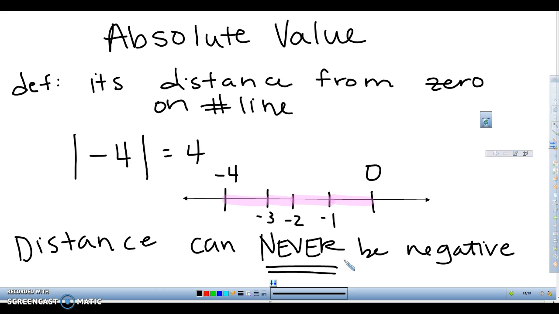But that's not how distance works. He ends up adding just as many miles back on the car. So, learn from his mistakes. Distance can never be negative. The absolute value, unless there's a special case, should always be positive.